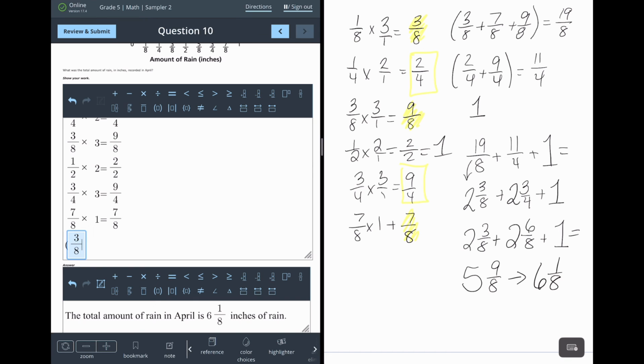3/8. And this is where we can kind of start simplifying things a little bit. 7/8 plus 9/8. Let's get rid of this little parentheses if we don't actually need it.